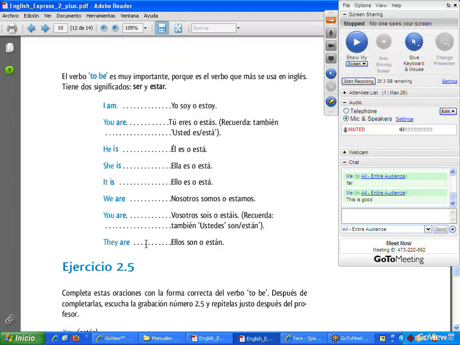Animales o cosas. And then the form are again. We are, you are, they are. All the same. So the different ones are am and is. The rest are are. That's quite easy to learn. Learn it very quickly.